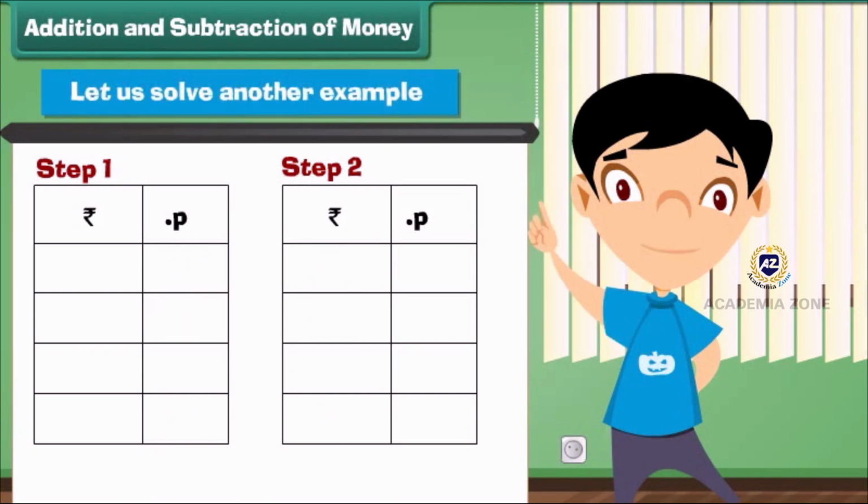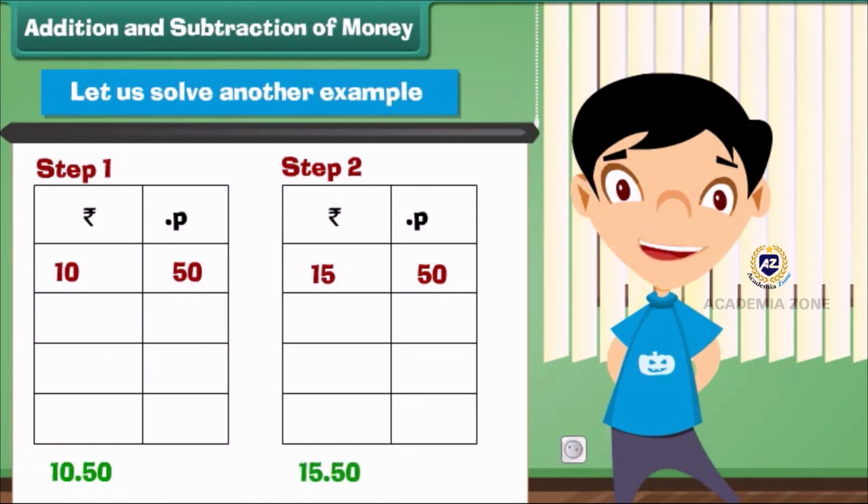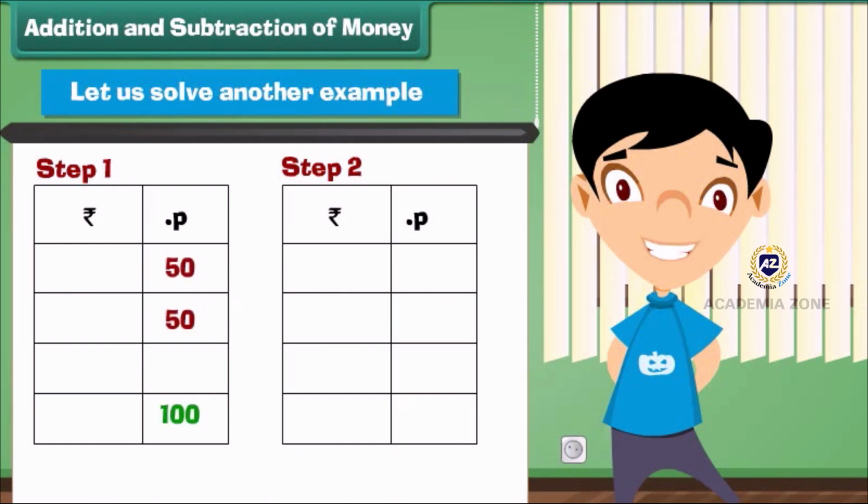Let us solve another example. What is the sum of 10 rupees 50 paise and 15 rupees 50 paise? Step 1. Write the numbers in correct column. Step 2. Add the numbers in paise column. 50 plus 50 equals 100 paise.